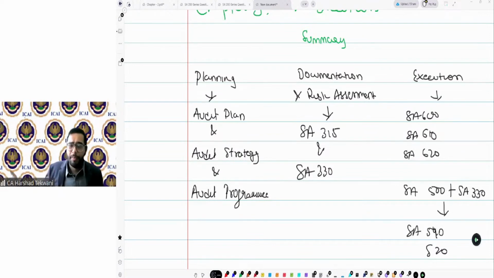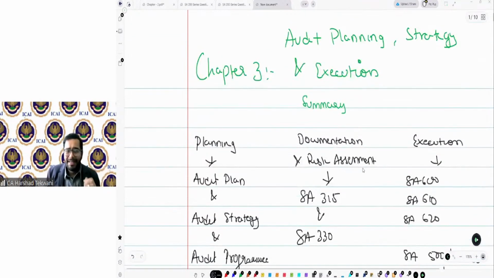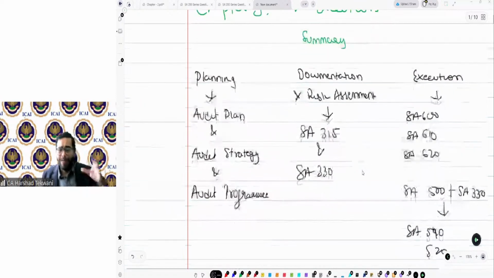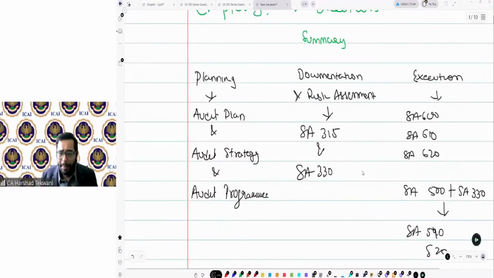Now we are discussing the rest of the portion. So when I discuss chapter 3, I might discuss a glimpse of a particular topic or standard, and we might discuss a certain part in some other chapter for your better understanding. Okay.